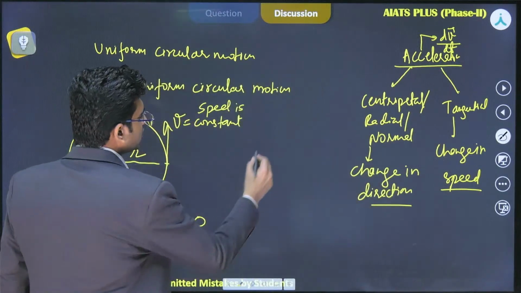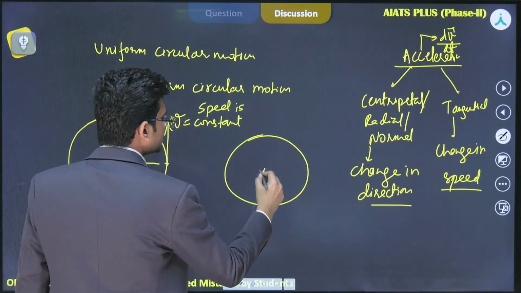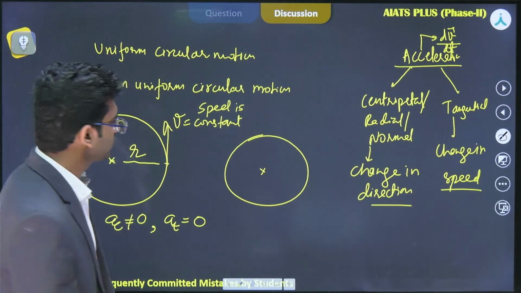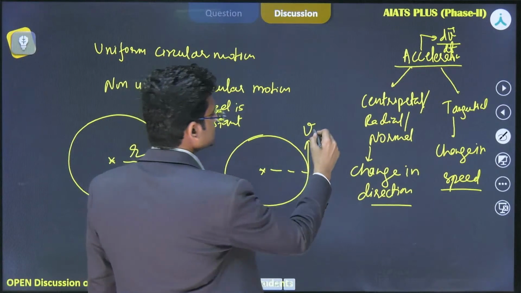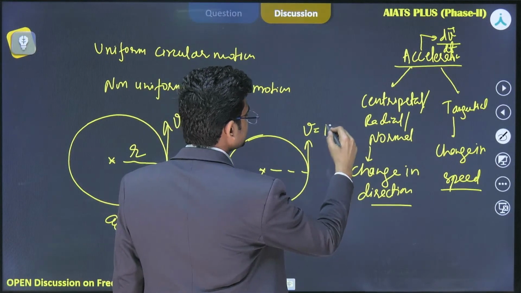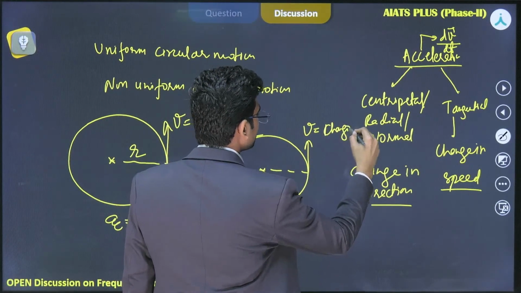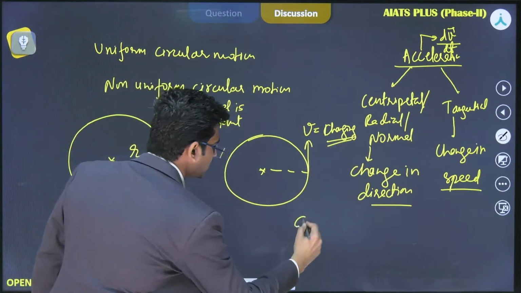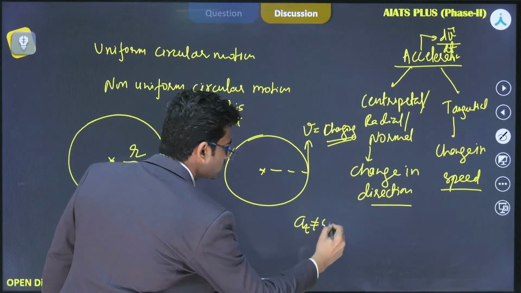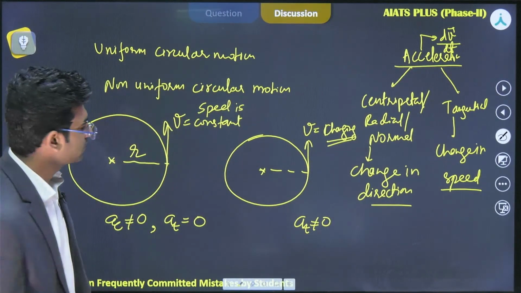What about the non-uniform circular motion? In non-uniform circular motion, this v, or the speed, keeps changing. And if this is changing, then AT should be non-zero. What about the centripetal acceleration?